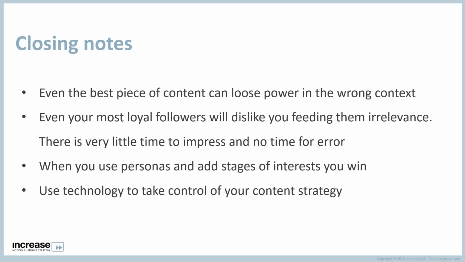And I think everybody is aware that we need to do personas, and we need to be relevant in our communication, and we need to be in stages and have a true omni-channel communication strategy. But the real challenge for most of the customers that we meet is: how do I manage this huge task of producing content, planning the production, promoting it, and also documenting the real effect of the content strategy and the content efforts that we're all doing?